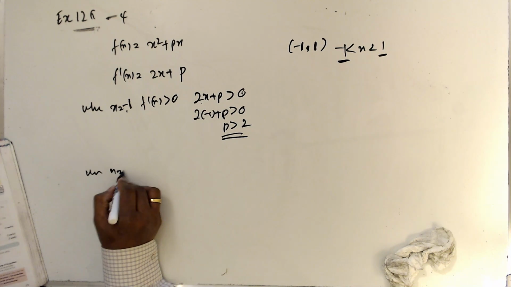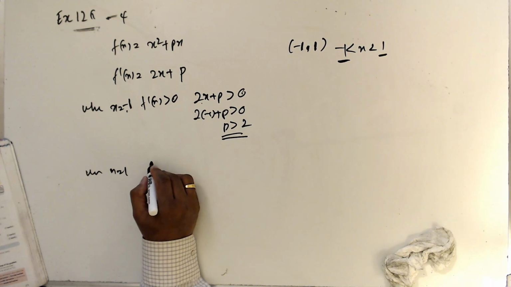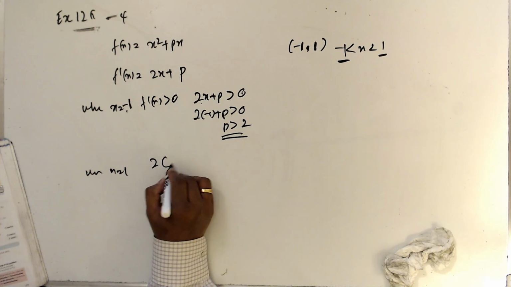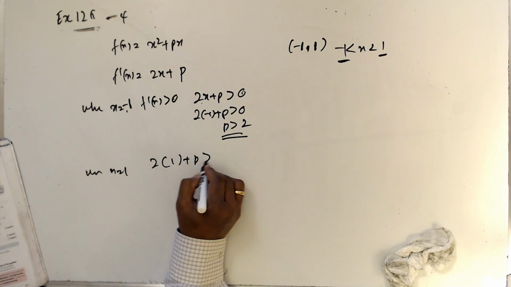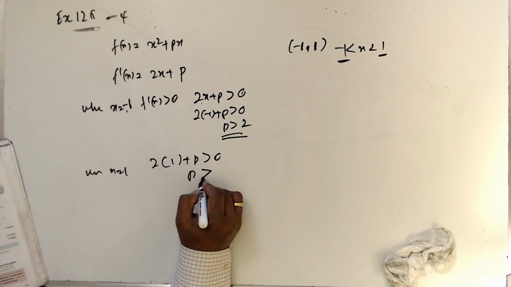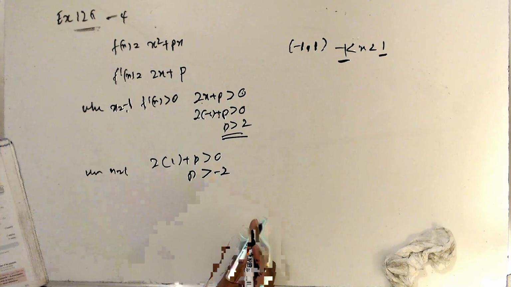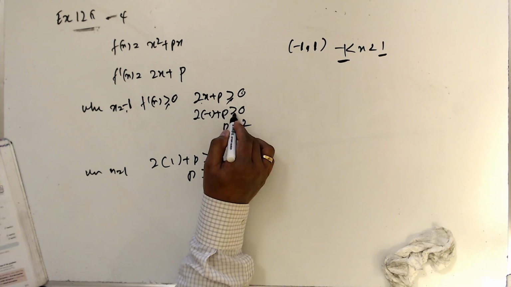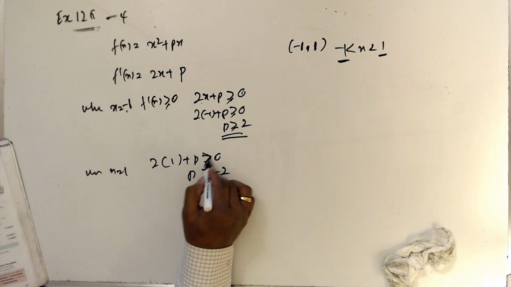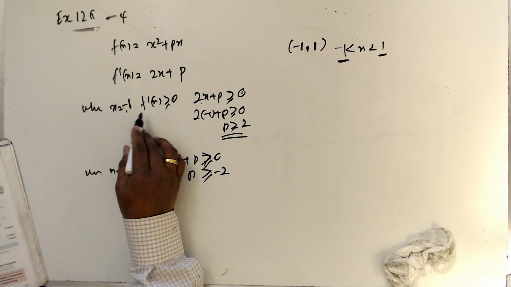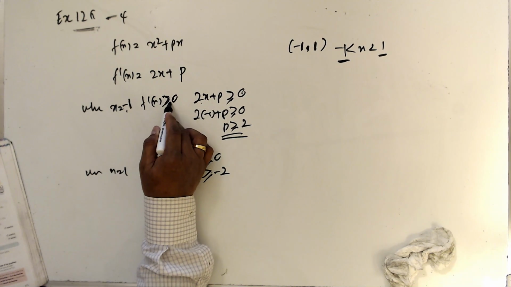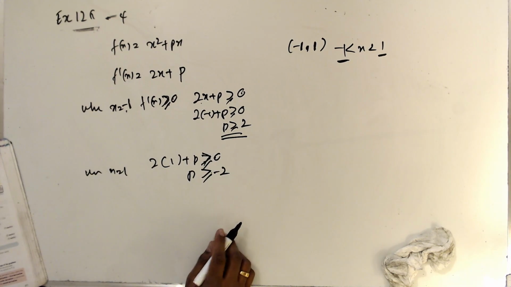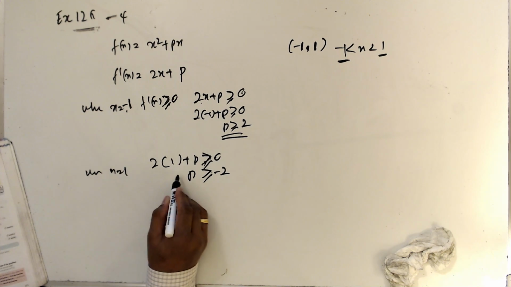When x equals 1, 2 times 1 plus b is greater than 0, so b is greater than minus 2. Let me take the equal sign as well, because f dash increasing means greater than or equal to.